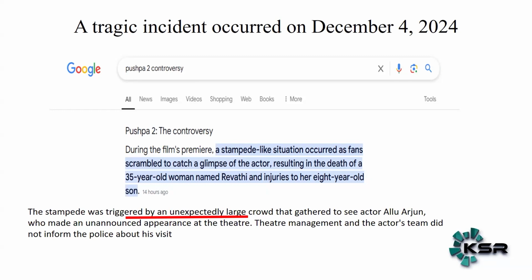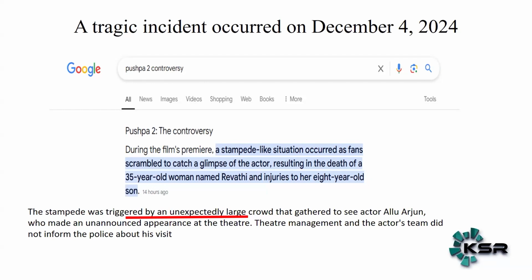If I do a complete research on this, it was hardly 500, 600 people, or maybe 1,000 people who gathered near the theaters, and this incident happened.